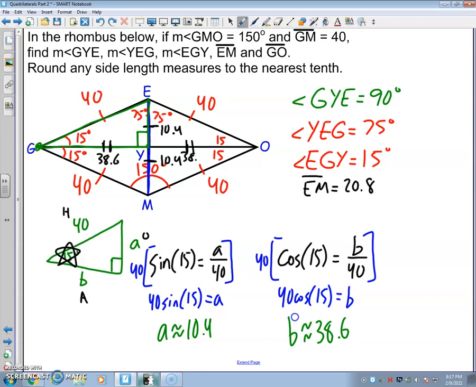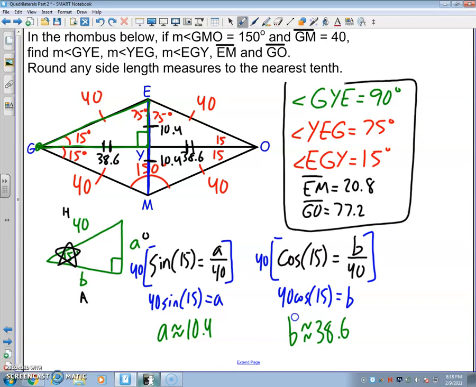If I add that together, 38.6 plus 38.6 is 77.2. So G to O is 77.2 units. All right, so I answered the question. I found all 5 things. By the way, we could have done Pythagorean theorem after finding one of the sides because we had one leg and the hypotenuse. So that would have got you the other side. But that probably would have been more work in decimals.